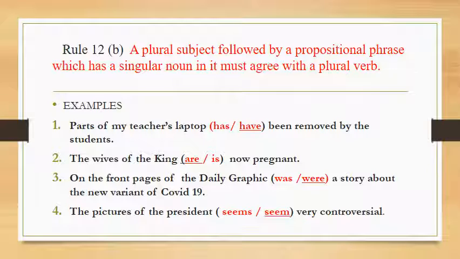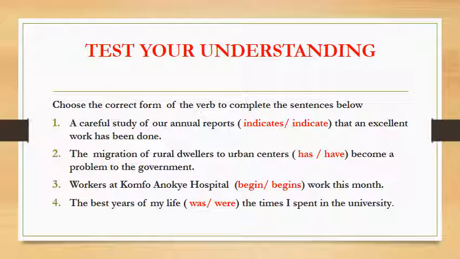Now let's test our understanding on the following questions. Choose the correct form of the verb to complete the sentences below. Number 1, a careful study of our annual reports indicates that an excellent work has been done.